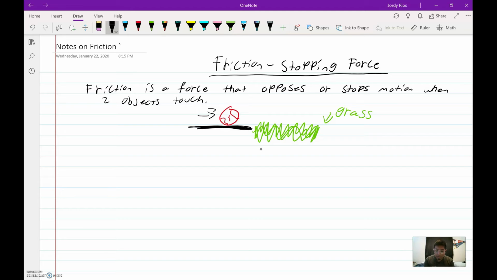And you kick the ball and it lands in the grass. When you kick the ball and it lands in the grass, does it slow down in the grass or does it keep going? It slows down, right? So when it slows down in the grass, that means that there's friction in the grass for it to stop the ball. Unlike in the cement where the ball kind of keeps going, right?